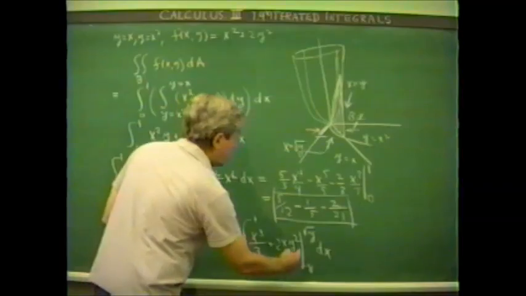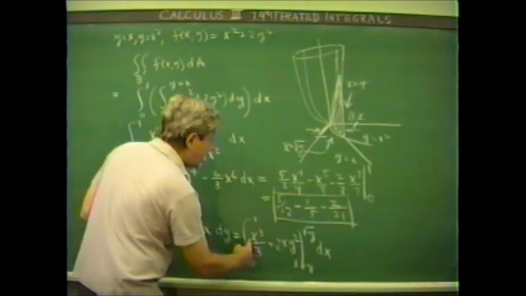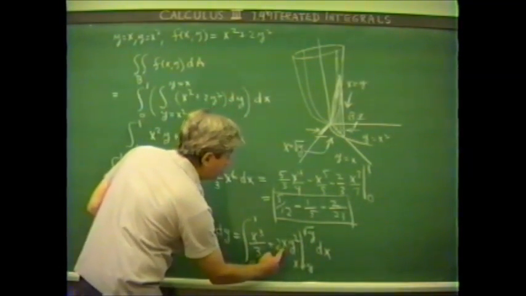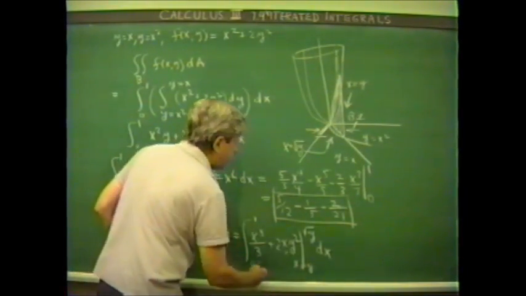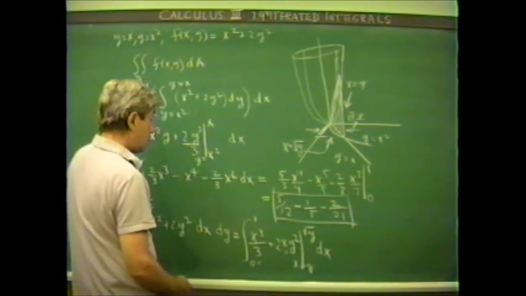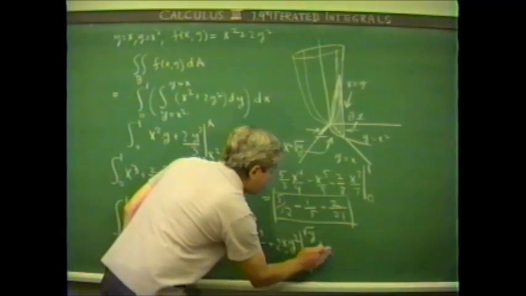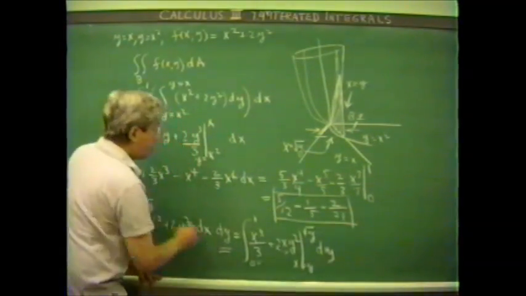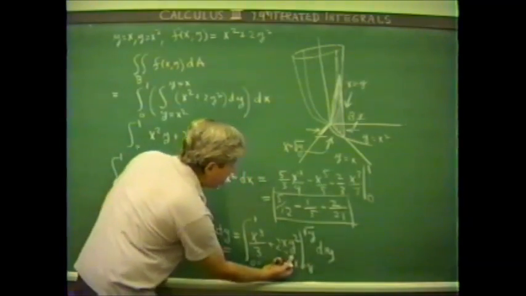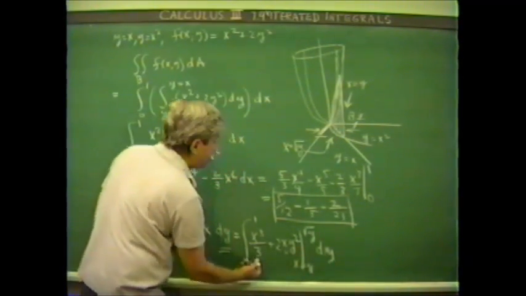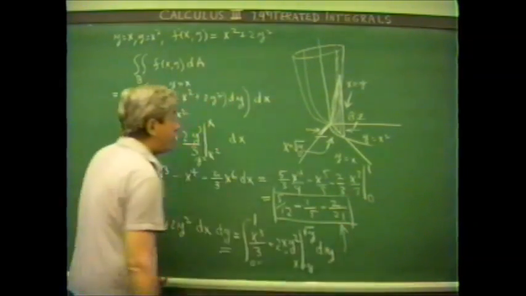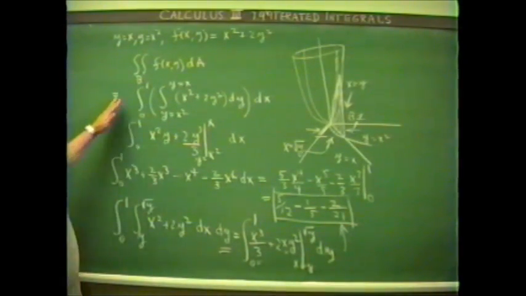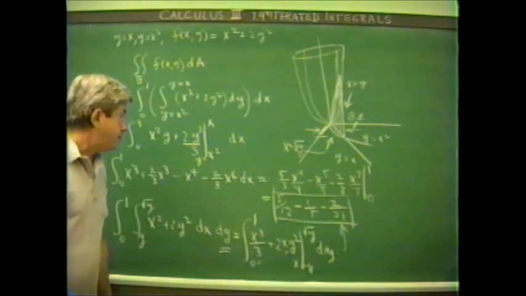So what we do then with this is we put the square root of y in here for x, in both places, we subtract what we get if we put y in for x, and then we integrate with respect to y. The second integral is with respect to y. So we're going to end up with a function of y which we integrate with respect to y. That's just the ordinary Riemann integral, and it should give us the same answer that we got right here. So here then is an example of how to find an iterated integral.